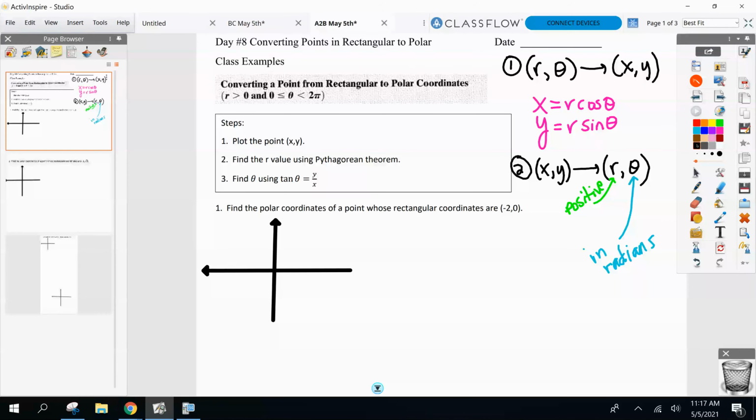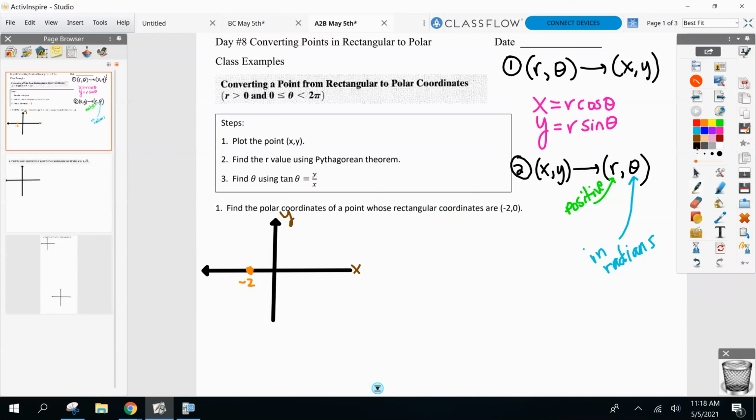So plot the coordinate on a sketch, x, y axes. Hopefully you guys know where -2, 0 is, I hope. I can't help you with that part. All right, -2, 0. Hopefully you graphed it right here on the x-axis, right below -2.